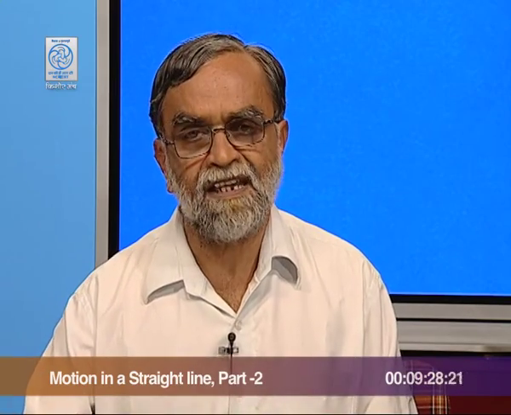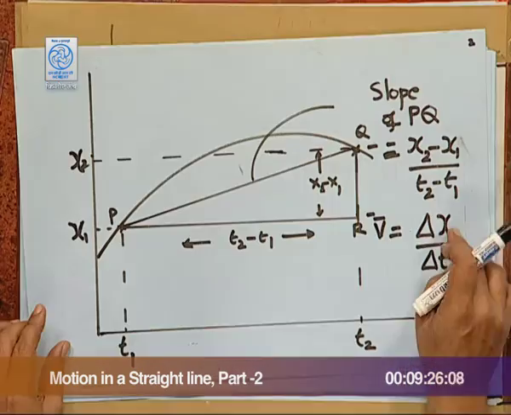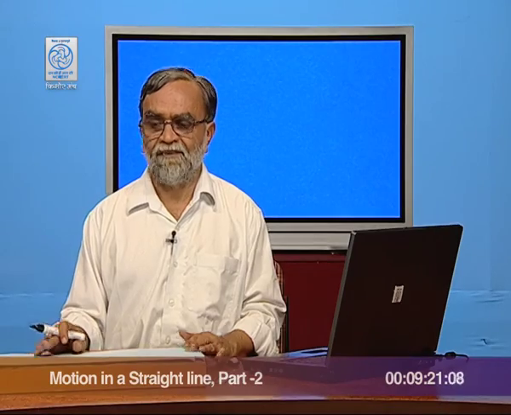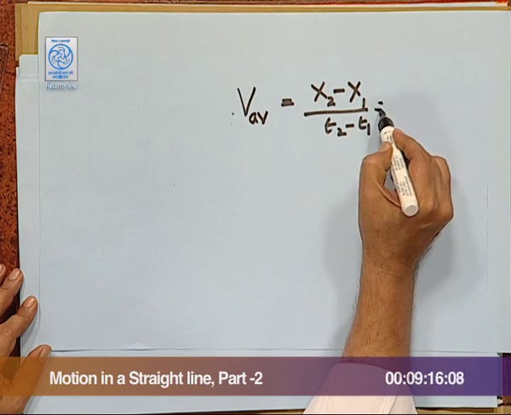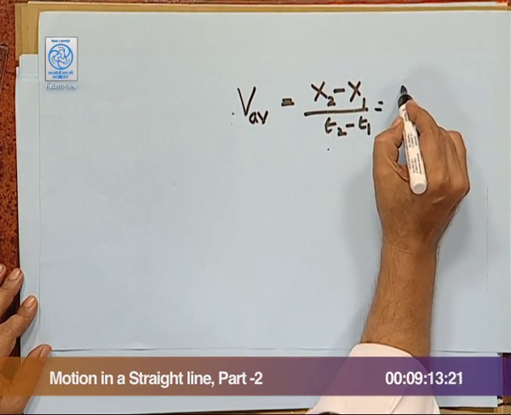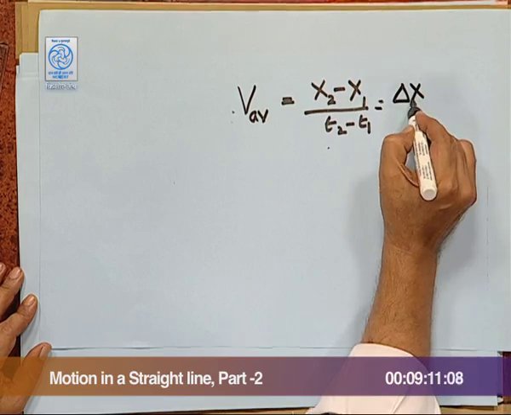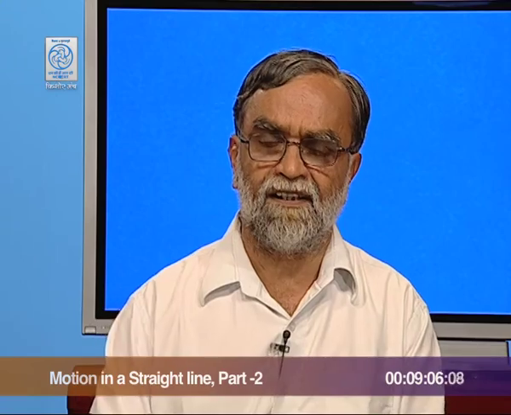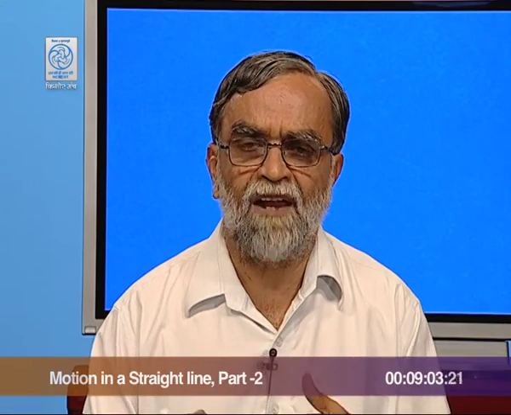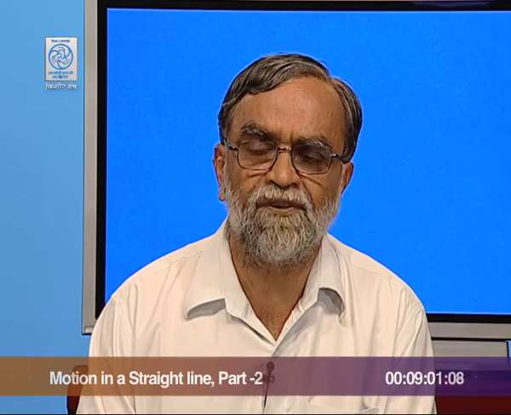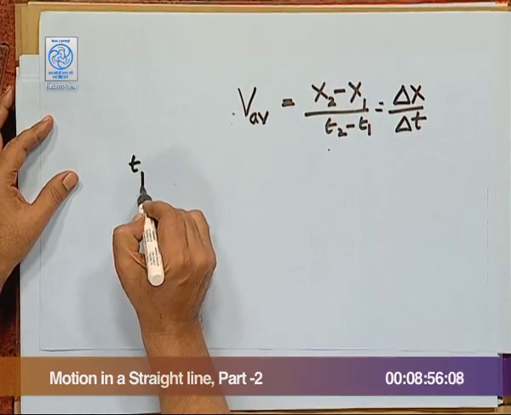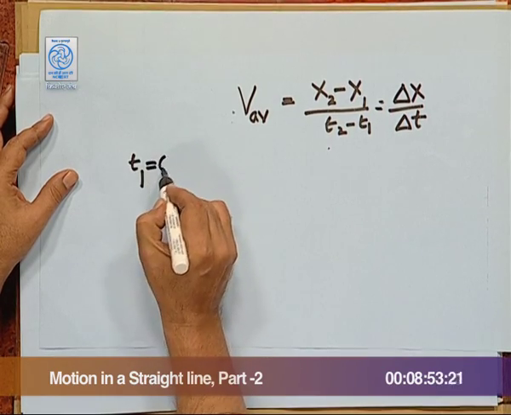So, delta x, which is the change in position coordinate, divided by the time interval, we define as average velocity. Having defined average velocity as x2 minus x1 by t2 minus t1, which can also be written as change in position coordinate delta x over change in time delta t, let us try to calculate how this average velocity changes at different time intervals. Let us put time t1 as 0 seconds.